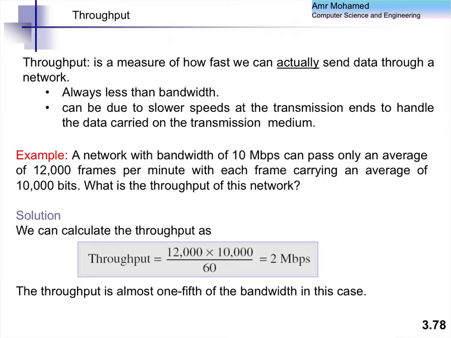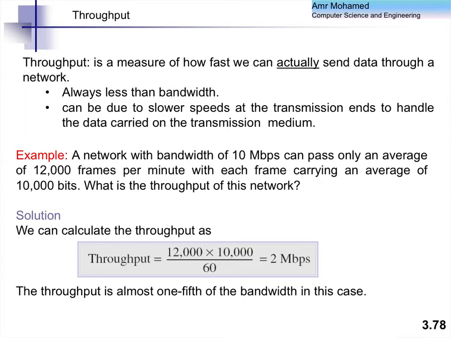So the throughput takes into consideration not only the effect of noise, but also the effect of collision, the effect of protocol overhead, many factors that have to be in the picture in order to estimate the actual bits per second that can be sent over the transmission medium. And in fact, this throughput might change over time. Why? Because the noise effect changes over time. The probability of collision may change over time depending on the load and so on.